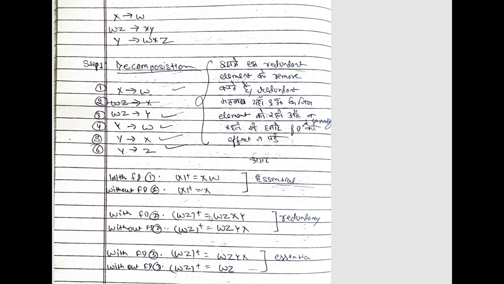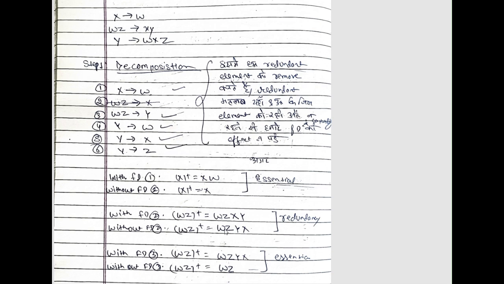Now we are going to check functional dependency 2. So we first find the closure of WZ. From WZ we get WZ itself, then WZ derives X, and of course WZ derives Y. So here we get all the attributes of the table. Again we are finding the closure, but this time we are skipping this functional dependency.